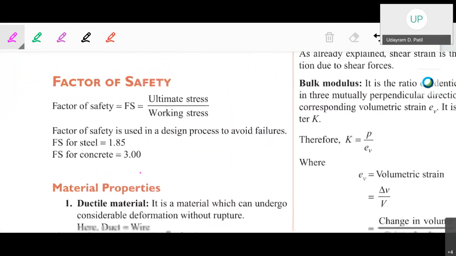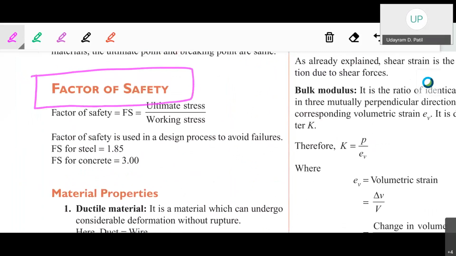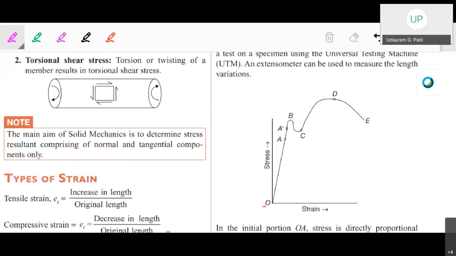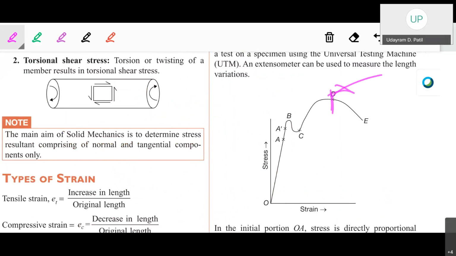Next, another important factor is the factor of safety. We already know that the steel will fail at the maximum point, that will be your ultimate stress where the steel is going to fail, and thereby it will not be able to carry any further loads. Therefore, that ultimate load or ultimate stress is taken while calculating the load carrying capacity of the member. But if you take that quantity and design the structure, then it might fail earlier, because there are many accidental loads which might occur during the life of that building or member.